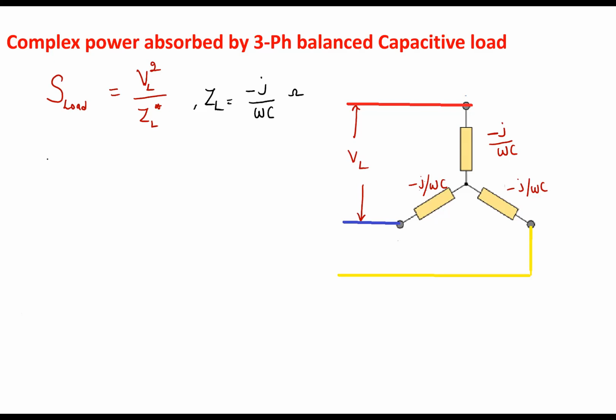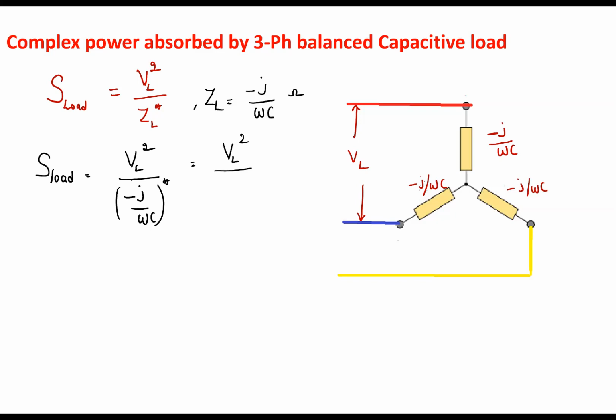Now, if you do this, S load will become VL square divided by minus j by omega C, whole conjugate. So this will become VL square by, if I take the conjugate, this minus j will become plus j.